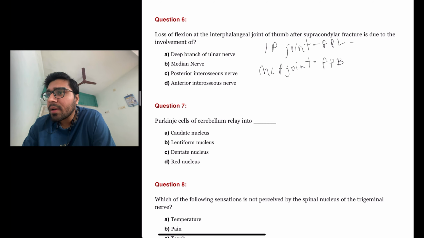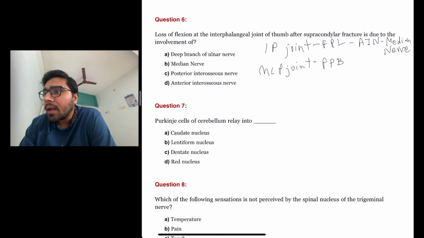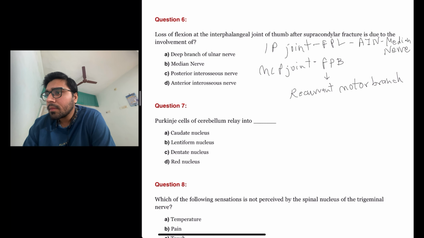Flexor pollicis longus is supplied by the anterior interosseous nerve, which is the branch of the median nerve, and flexor pollicis brevis is supplied by the recurrent motor branch of the median nerve.